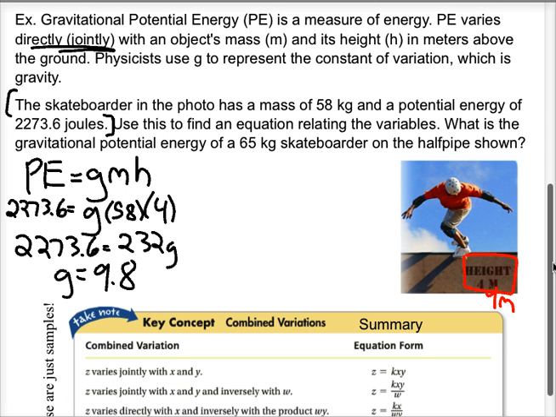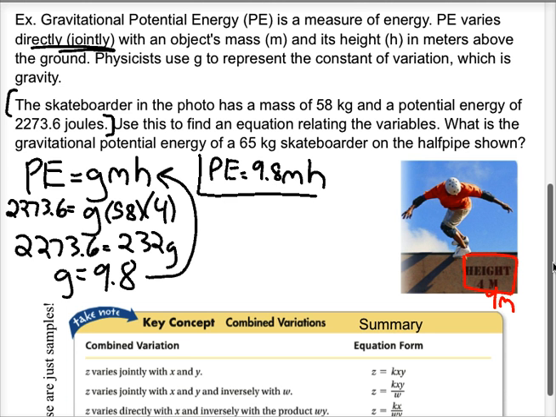Now, for those of you that have had any physics, you will learn that that is actually a constant. That is the constant acceleration due to gravity. And again, if you haven't had it yet, you'll get there. Now, remember, the equation comes from plugging that in. So my potential energy is 9.8 m times h. So I have my equation now.